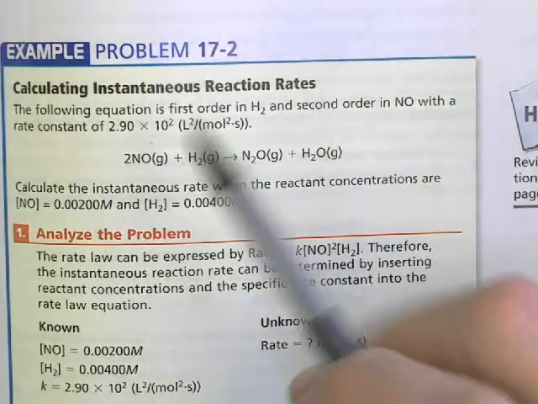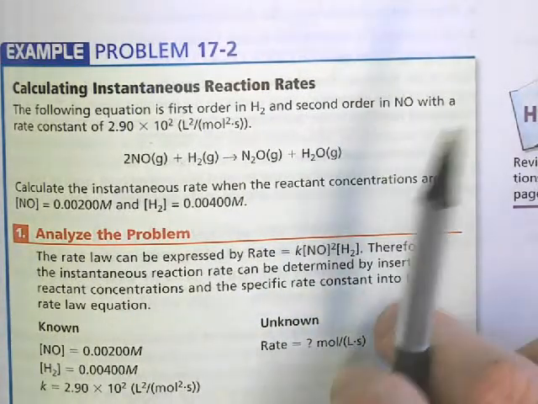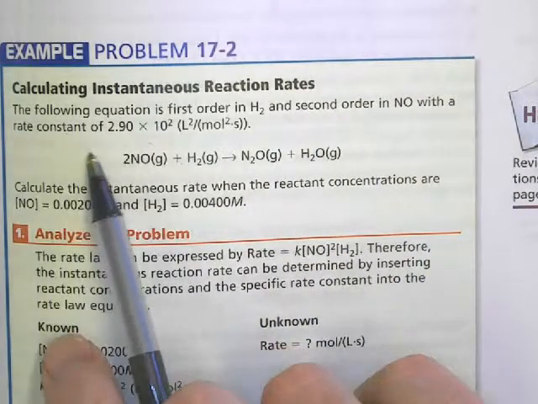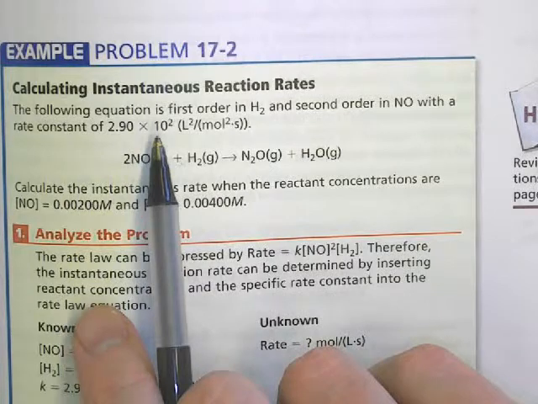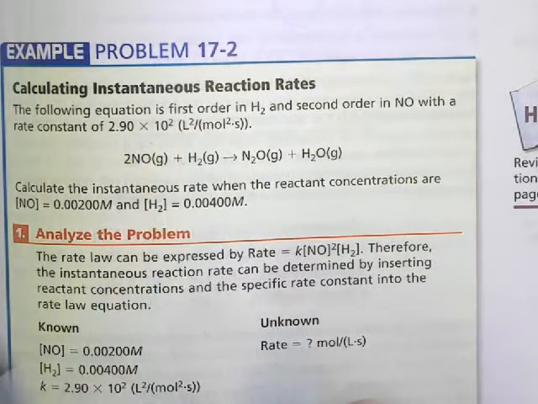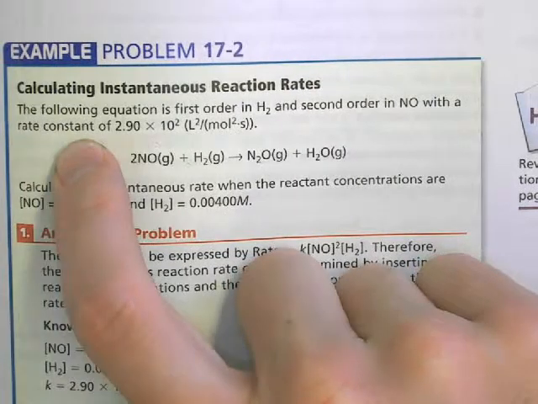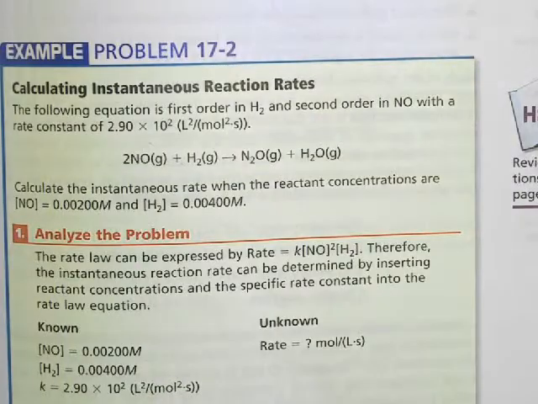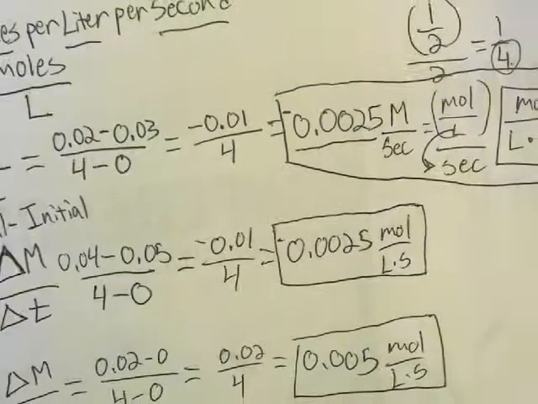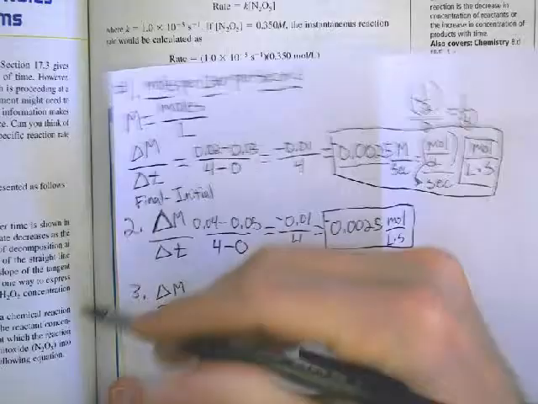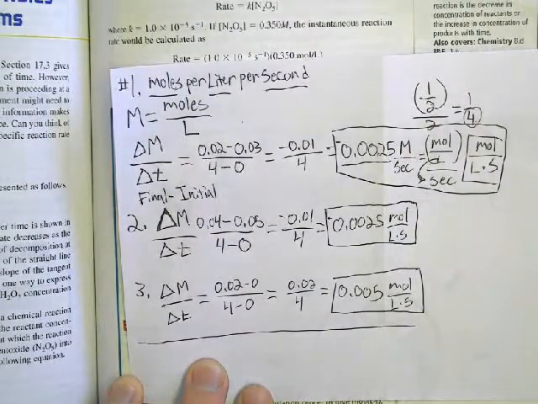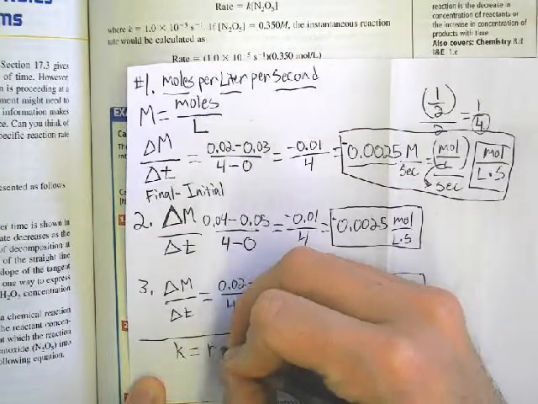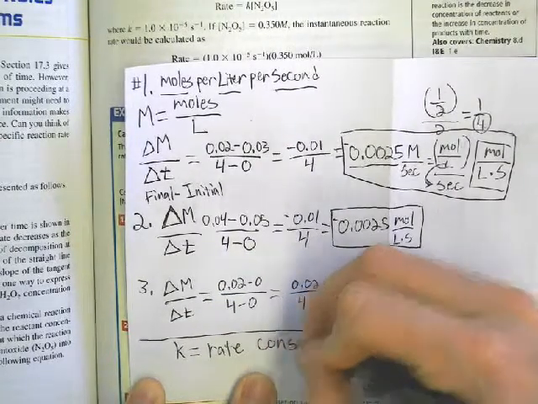The other thing I want to point out, and this is kind of new, so don't freak out, we'll get there, but it says there's a rate constant of 2.9 times 10 to the second. Right? Now, when it says rate constant on your paper, I want you to draw a line underneath the stuff that we did earlier, and write down K equals rate constant.